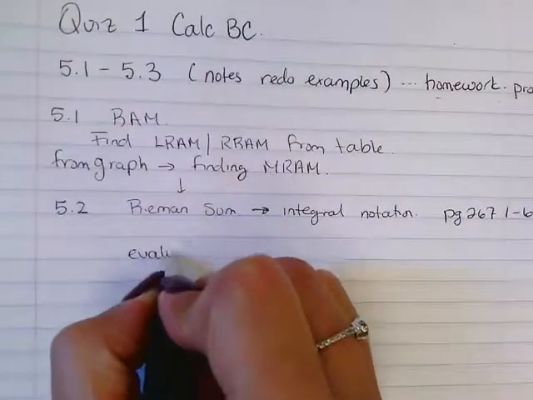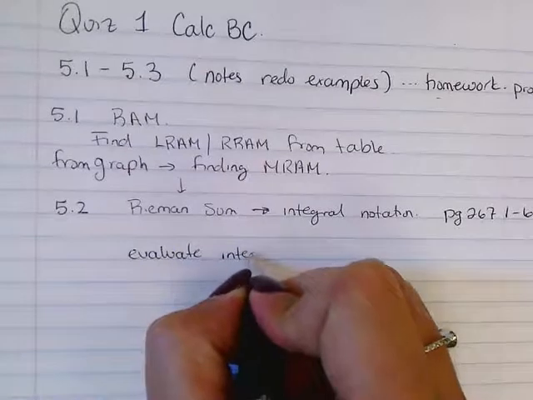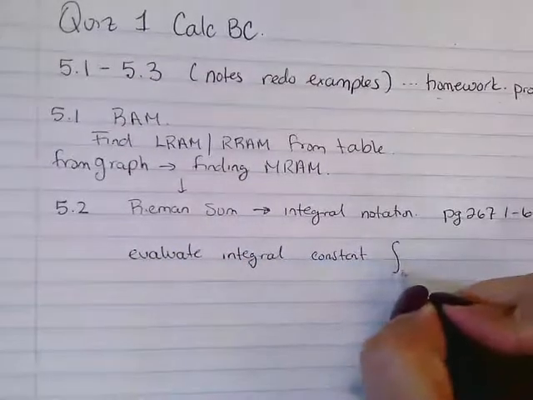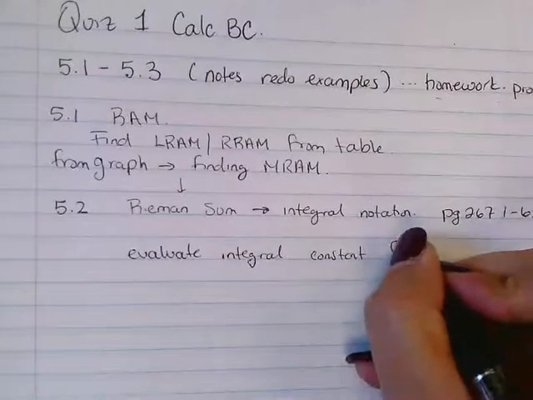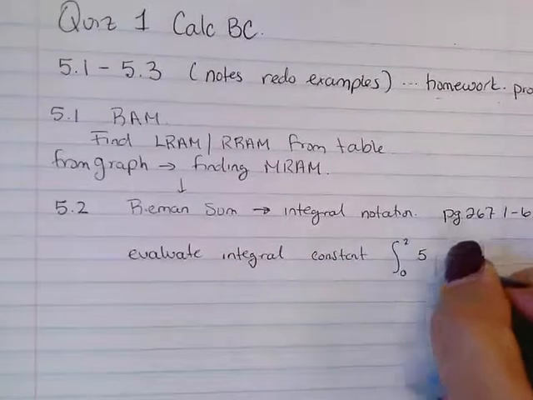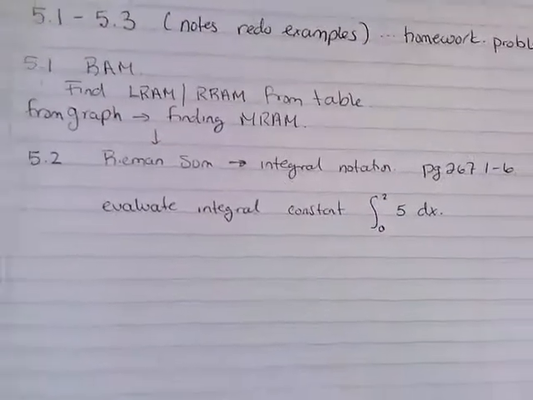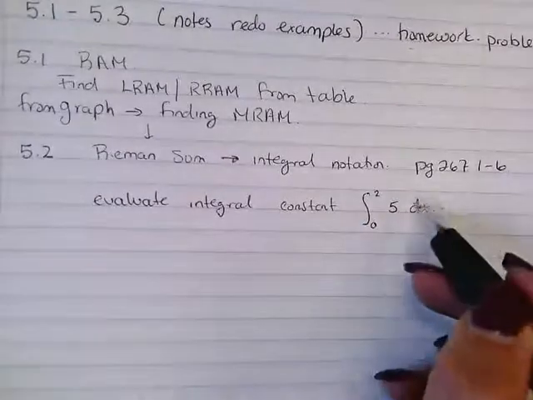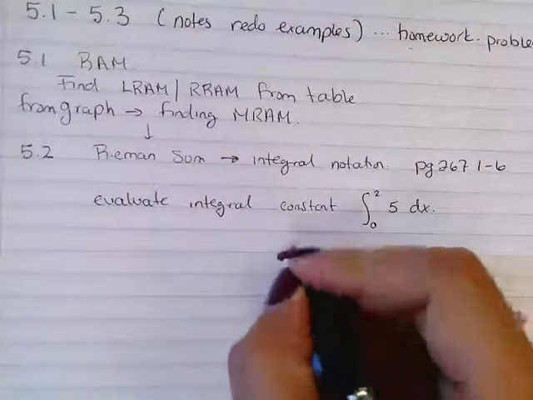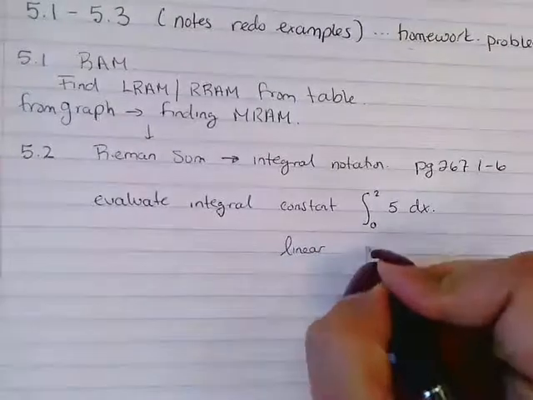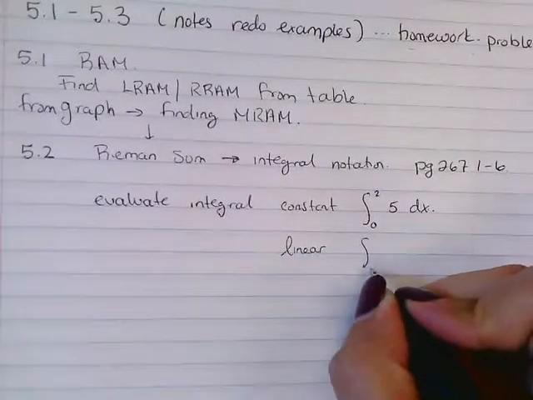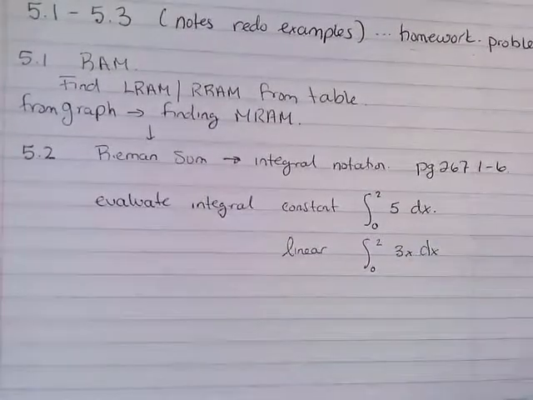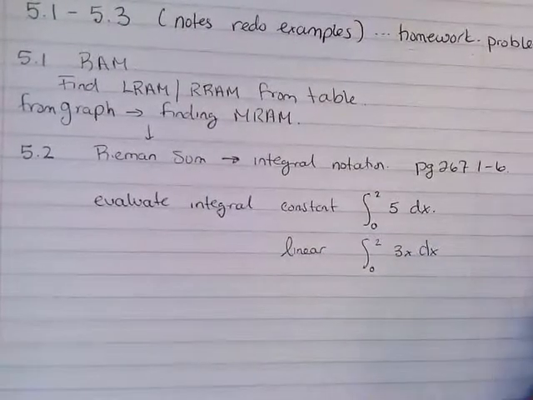Alright, evaluating an integral of a constant. So from 0 to 2 of 5 dx. Do you know how to do that? Graphically or just integrating. Evaluate the integral of a linear function from 0 to 2 of 3x dx, or 3x plus 2, okay?